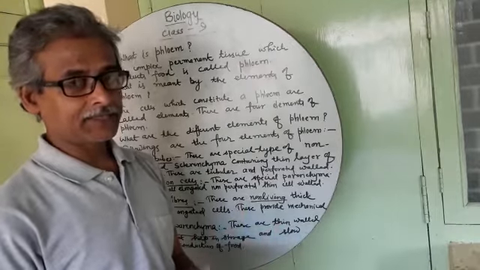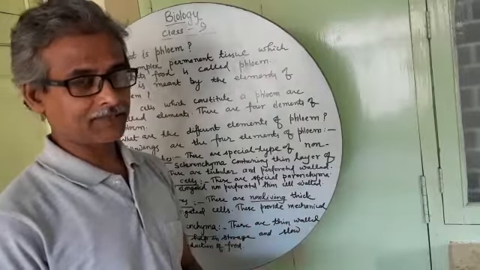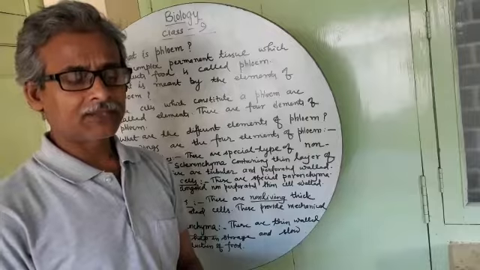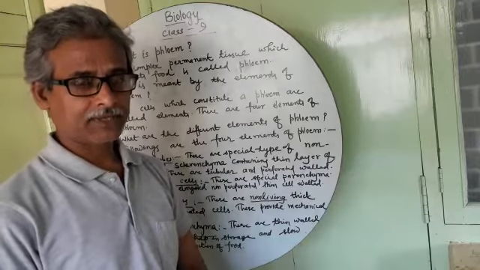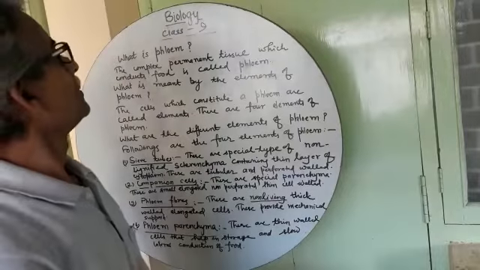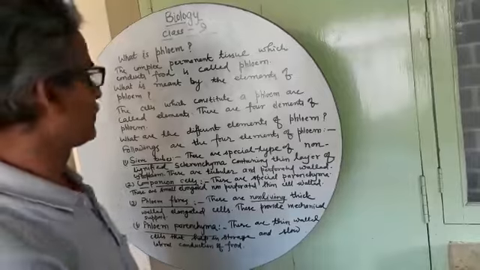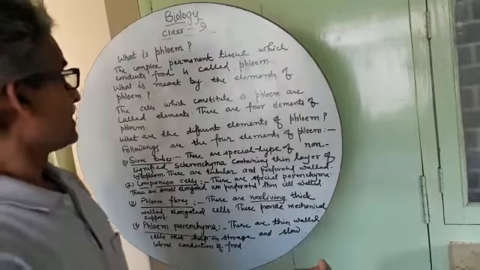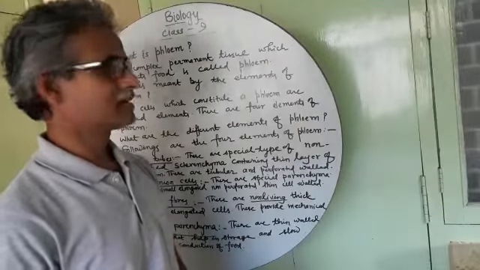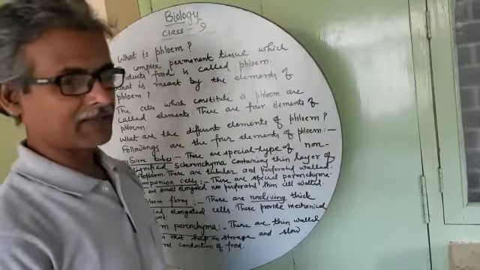Generally, when we study in the book, we shall get the term element. There are different elements of phloem. What is meant by the element of phloem? So, the cells which constitute the phloem are called elements.